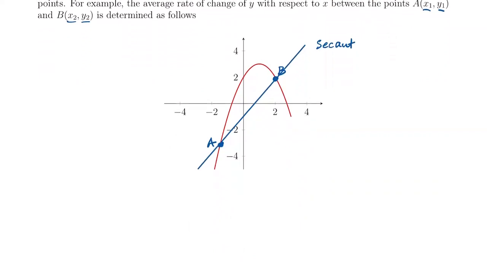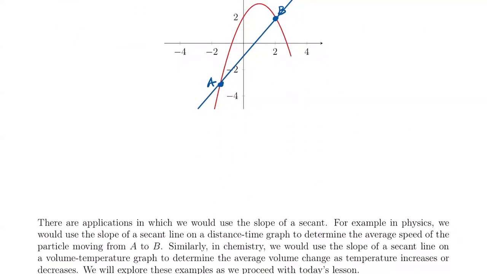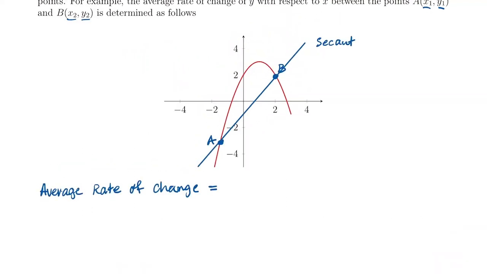So if we want to determine the average rate of change of the curve, how do we do that? The average rate of change here is simply going to be the change in y. So what is the change in y here? That's your delta y. What changes every time we move across the graph from left to right?